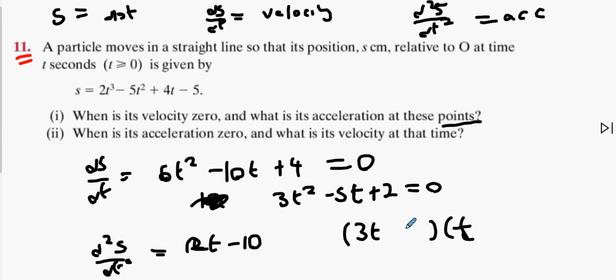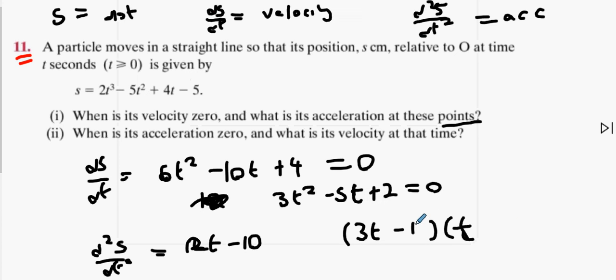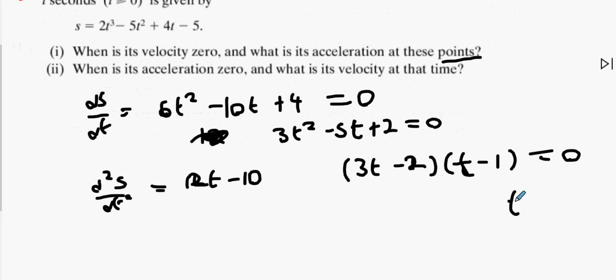That one, yeah? So, t equals 1, or t equals 2/3. Okay, you guys? So they're the 2 times at which your velocity is 0.